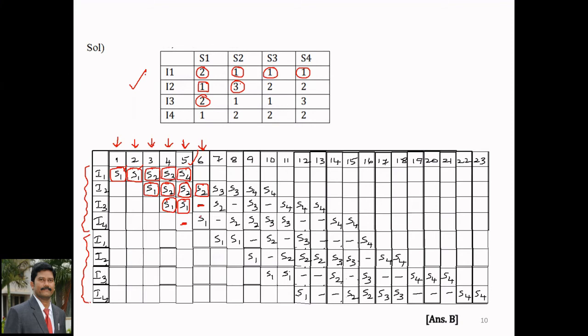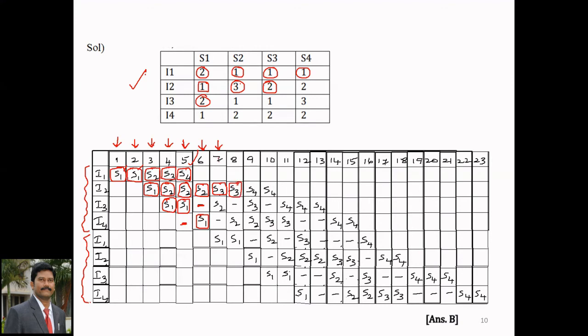Now at clock cycle 6, S1 is free, so I4 enters the S1 stage. At clock cycle 7, S2 of I2 is completed and it enters S3, which takes 2 clock cycles, S3 and S3.